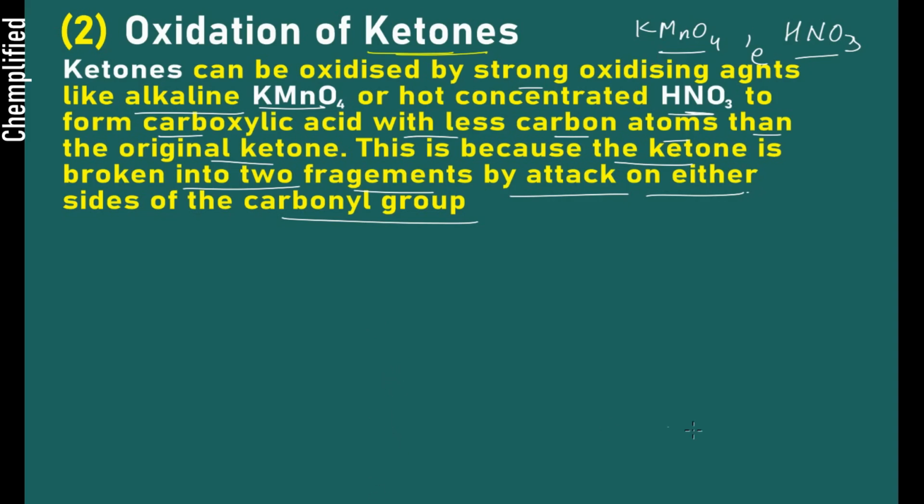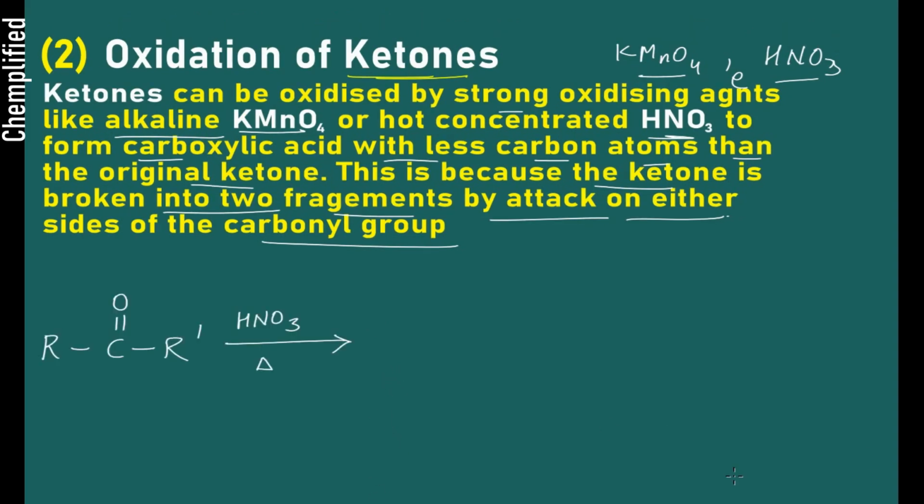Right? Now let's write the reaction. Let me pause the video. So now this is our general reaction. What's going to happen is, when ketone is treated with HNO3, either of these bonds can break. There are two bonds between the carbon atoms. One of these two bonds will break, and then you will get two different carboxylic acids. Now if the groups are same, then also you will get carboxylic acid, and your final product will be like this.